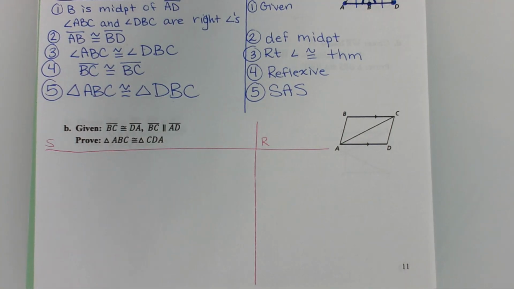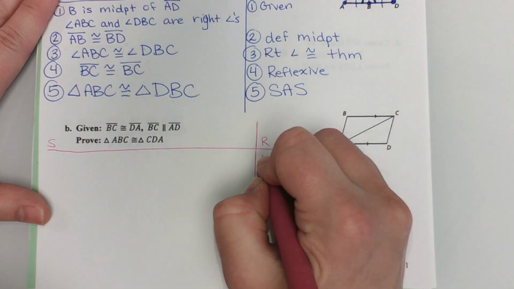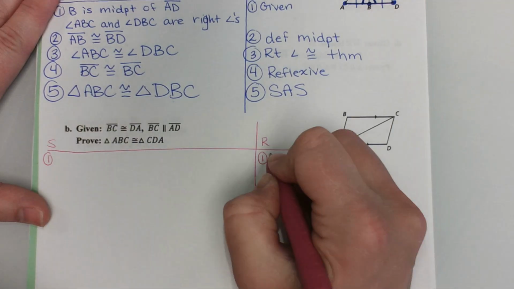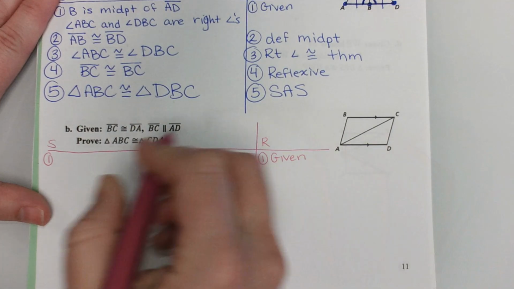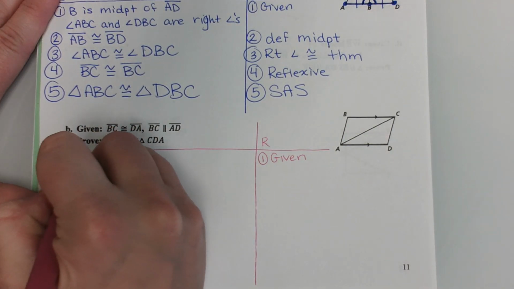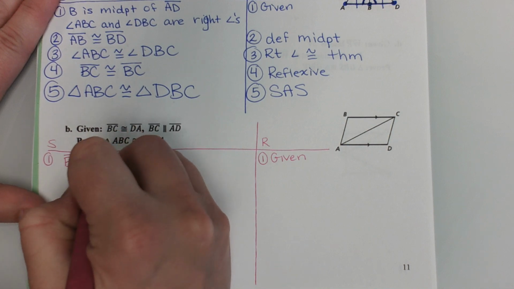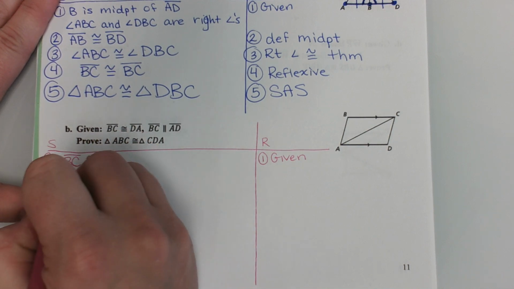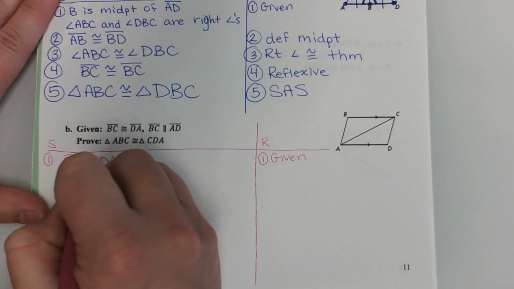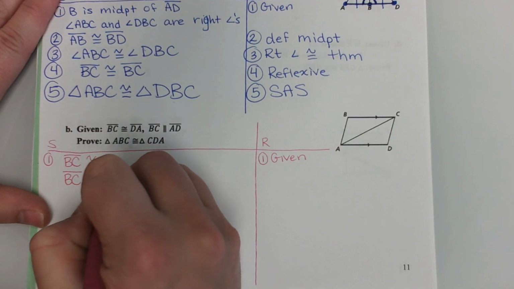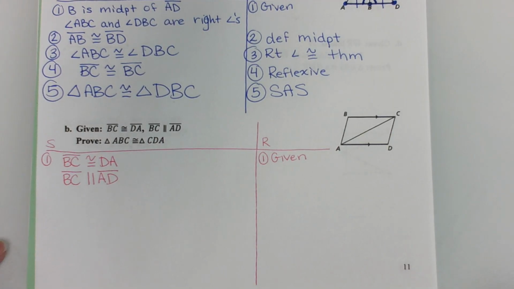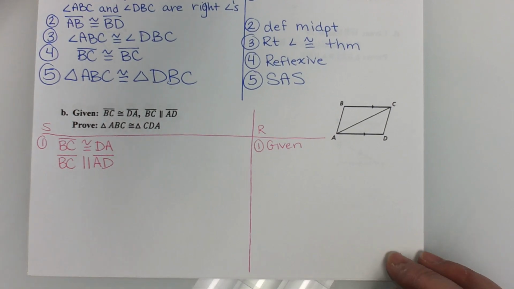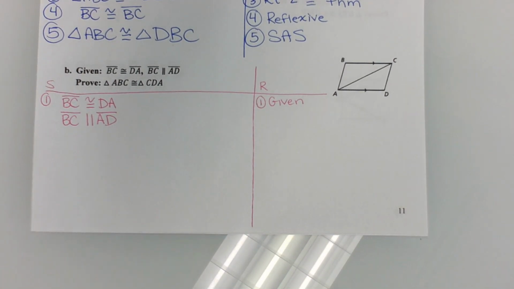Statements, reasons. Every single proof starts with the given. Do you notice your given starts with a congruent symbol?